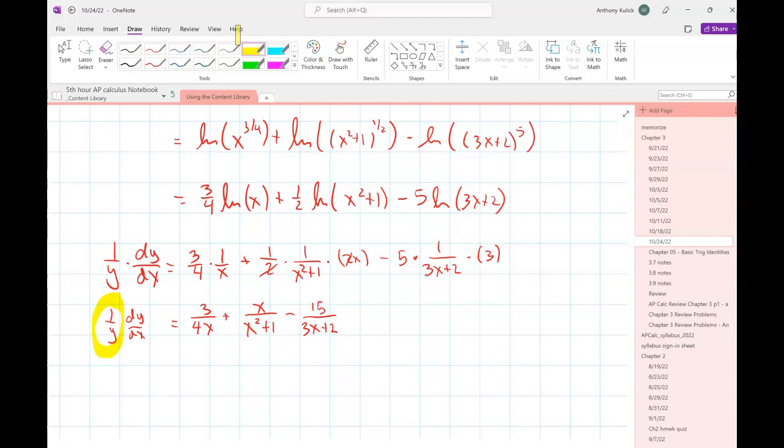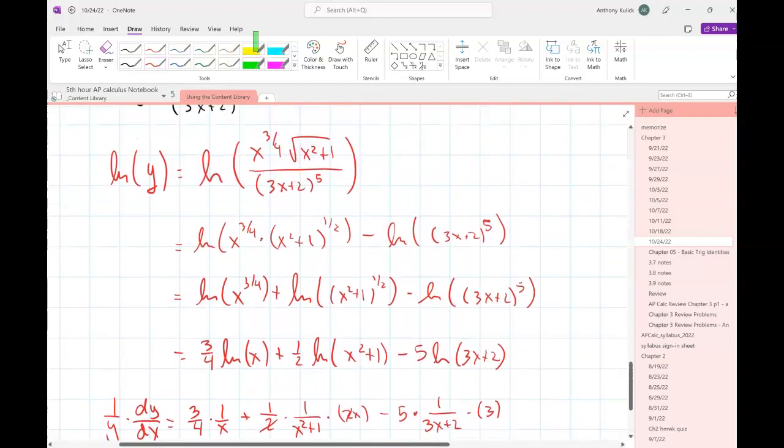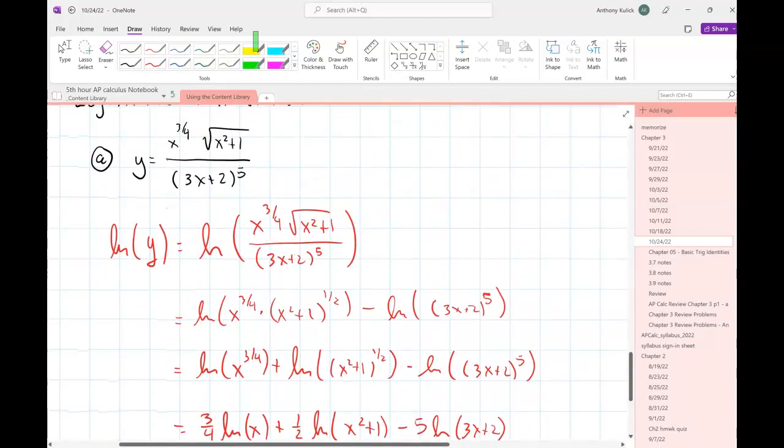We want dy dx. So what do we still need to do? I need to multiply both sides by y to get the derivative by itself. Now, am I going to write it as y? No way, Jose, because I know what y is in terms of x's. It's the original.